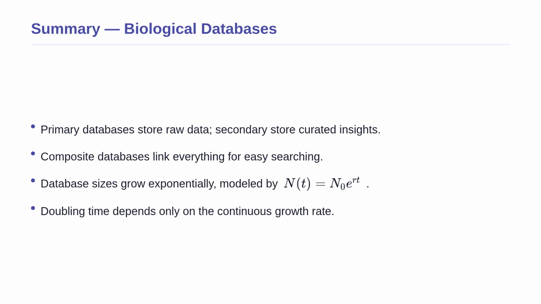Second, because DNA sequencing is so fast, these databases grow at an exponential rate, which we can model mathematically to predict future sizes. Finally, the time it takes for a database to double depends entirely on its growth rate. By mastering these concepts, you have taken your first major step toward understanding how we organize the very code of life. Great job!